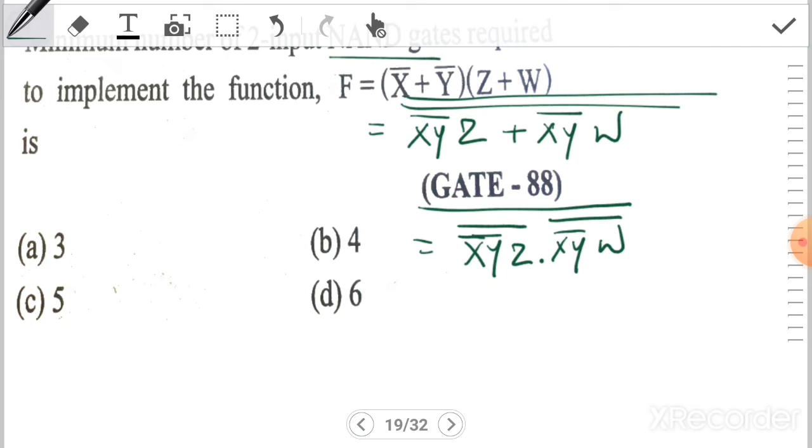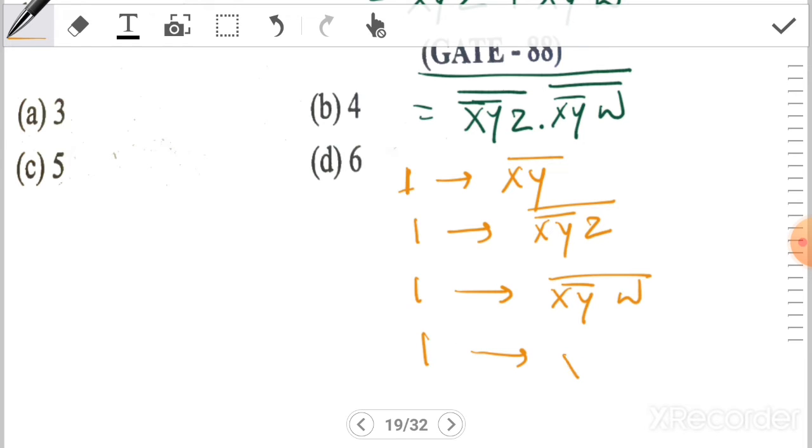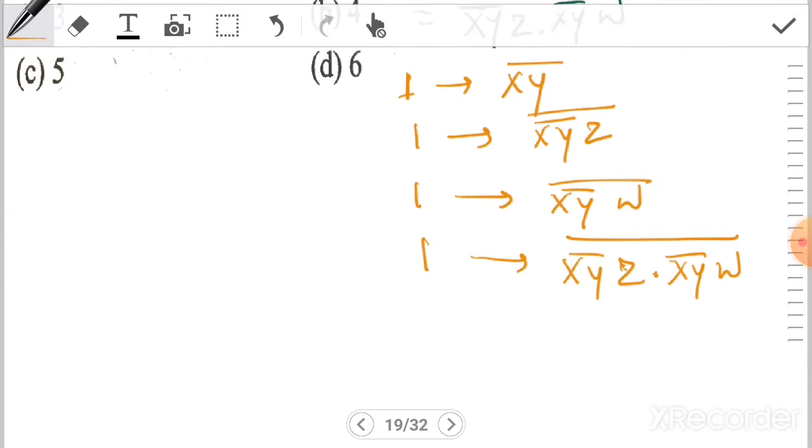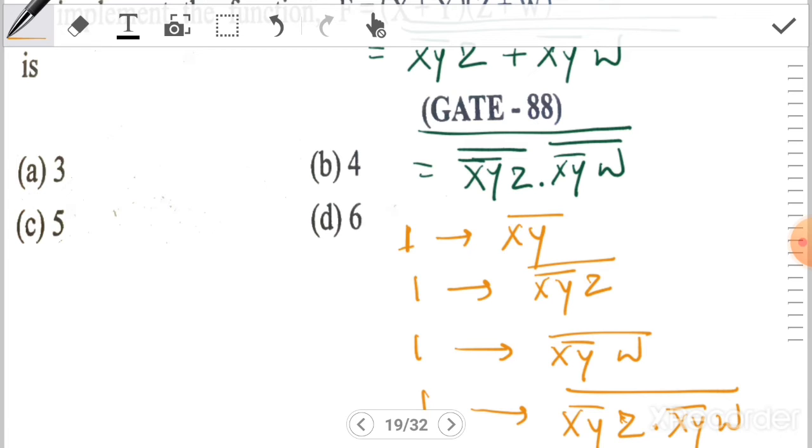One for xy complement z whole complement, one for xy complement whole complement w, and one for xy. So total of 4 NAND gates we require.